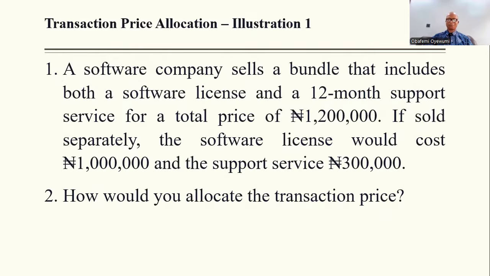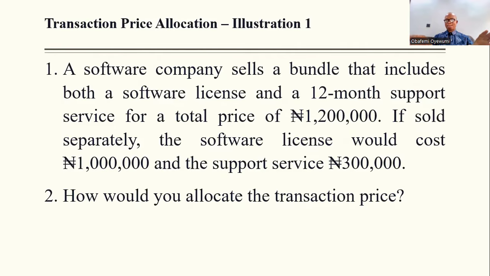A software company sells a bundle that includes both a software license and a 12-month support service for a total price of 1,200,000. If sold separately, the software license will cost 1 million, and the support service 300,000. So in this scenario, there are two distinct obligations. One, the license. Two, the support service.